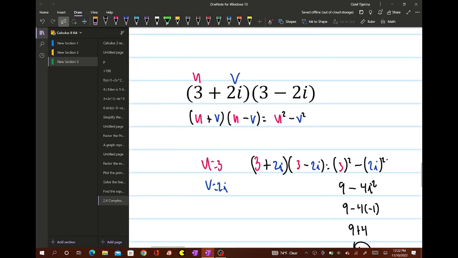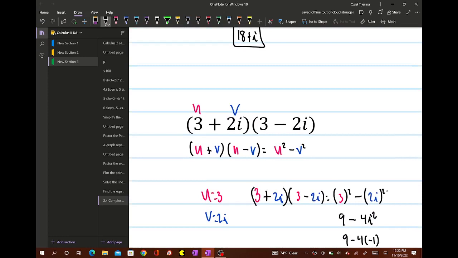If we do this as the quantity 3 squared plus 2 squared, we get 9 plus 4, which is 13. So what does this tell you?